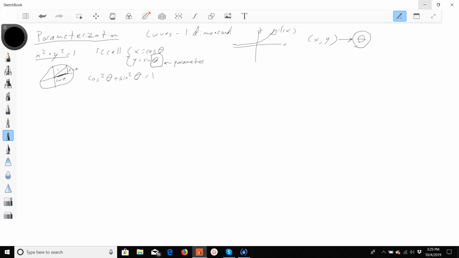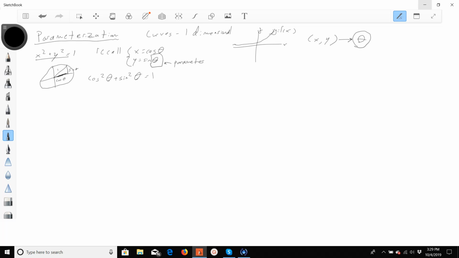Okay, and the parametric description that we have is useful not only because it has only one variable theta, but also because theta is unconstrained. In other words, it can take on any value that we would like it to. Sine and cosine are continuous.